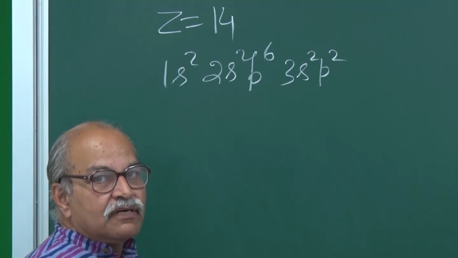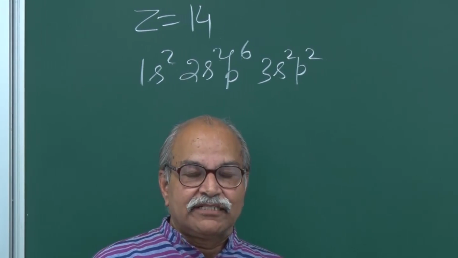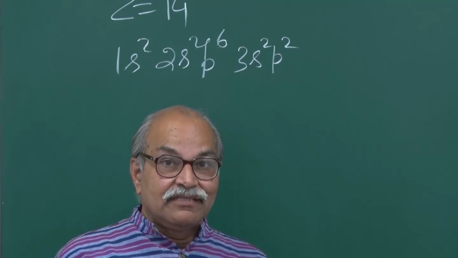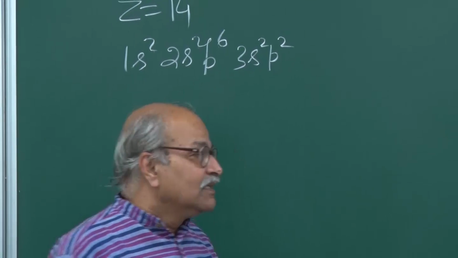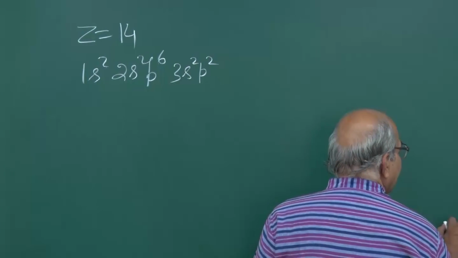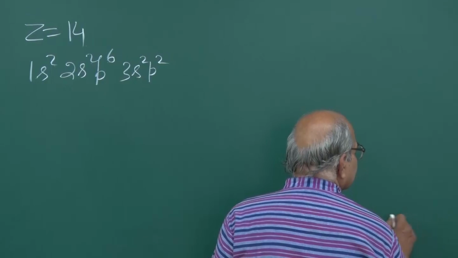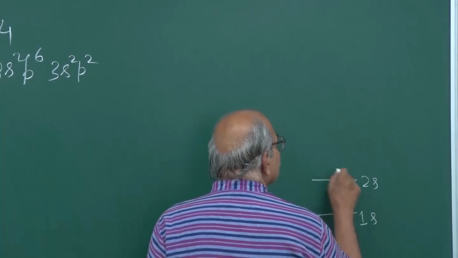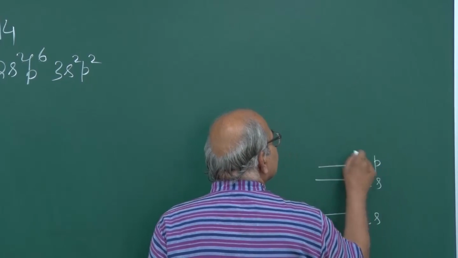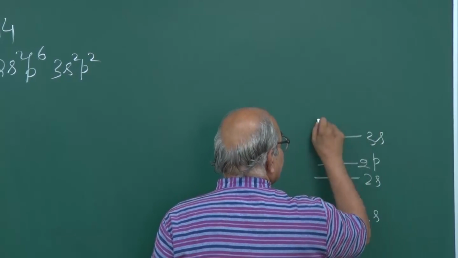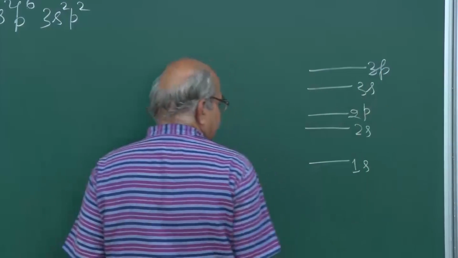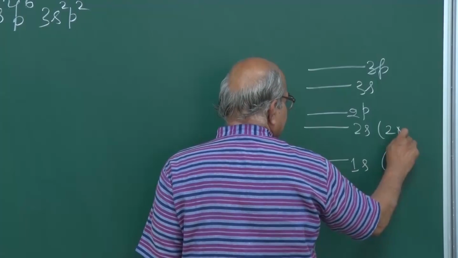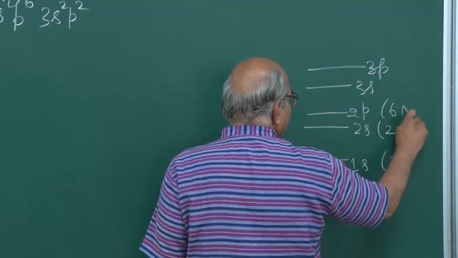So if you have a single silicon atom, or capital N atoms but not interacting with each other, widely separated from each other like in a vapor, then you will have these energy levels. You will have 1s, you will have 2s, you will have 2p, then you will have 3s, and you will have 3p. And here you will have 2N quantum states, 2N quantum states, 6N quantum states.